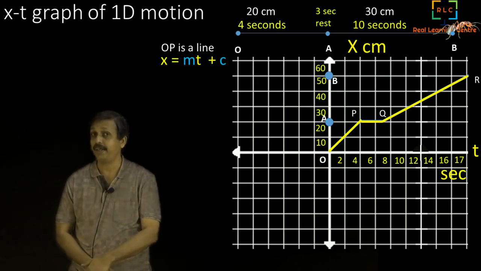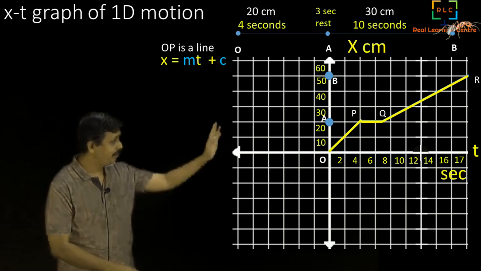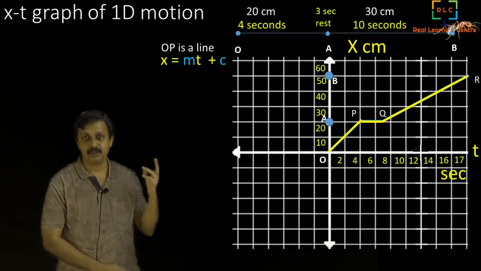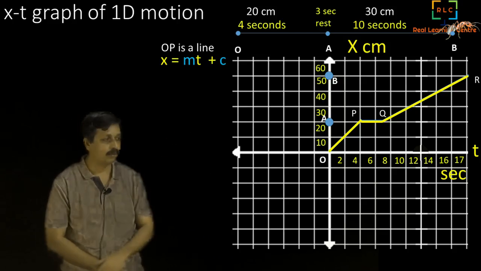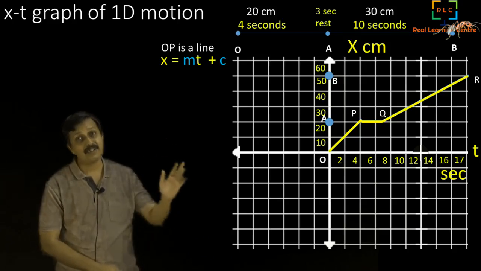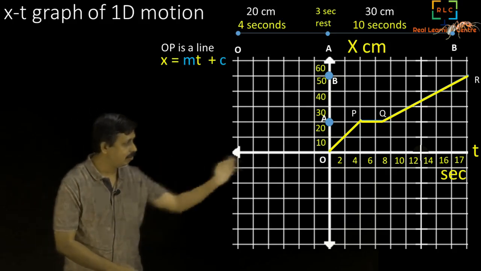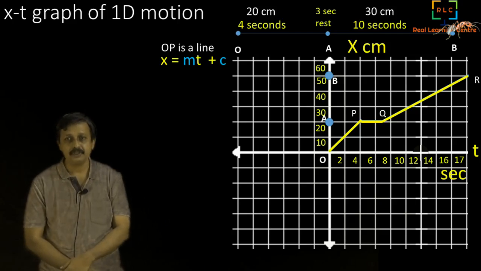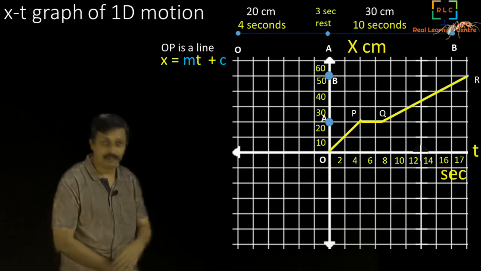But now there is no y. In the place of vertical y, we have vertical x. So instead of y is equal to, I say x is equal to. Now instead of mx, I will say mt, because horizontal is time. So mt, and c remains as it is. This is my equation of this line.